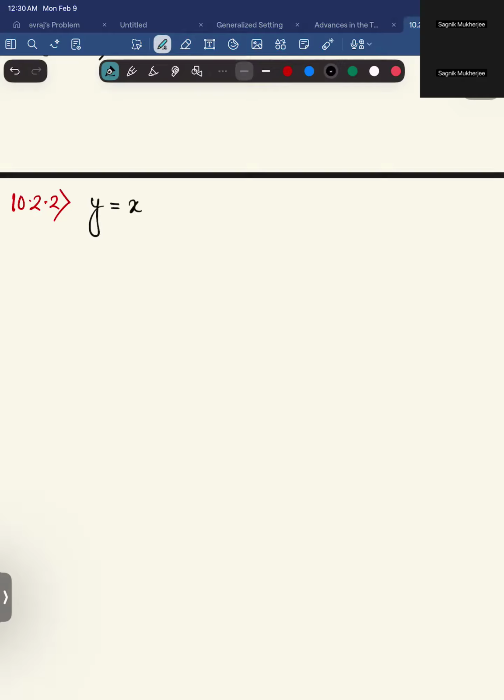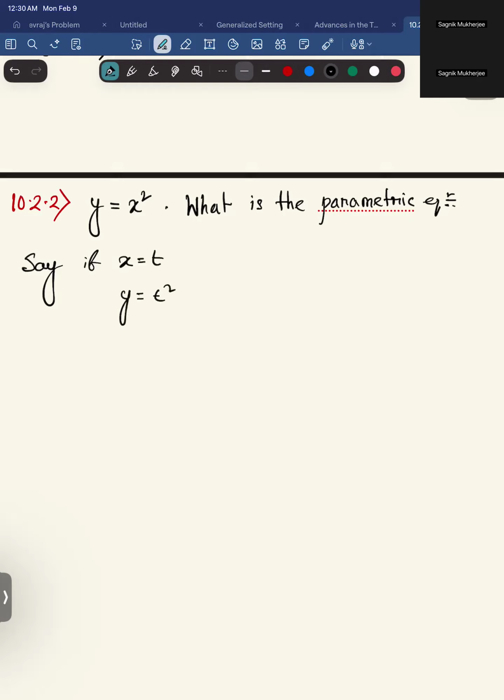Consider the curve y equals x squared. What is the parametric equation? Here it is actually very easy to find out. So say if x is t, then you can see that y is nothing but t squared, right?